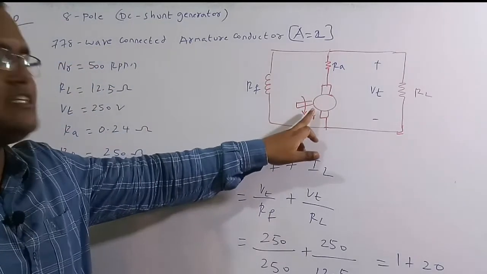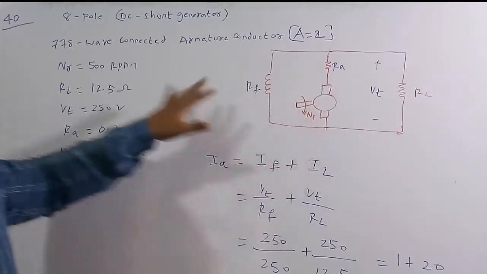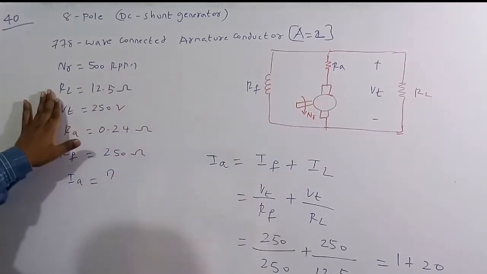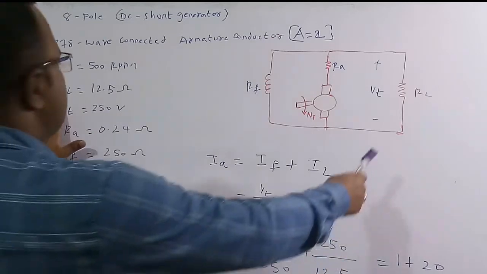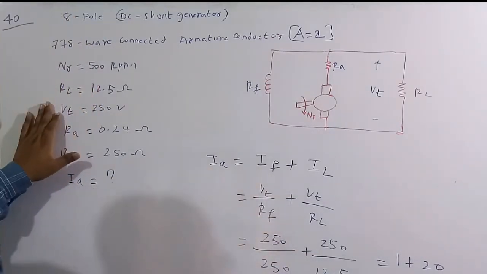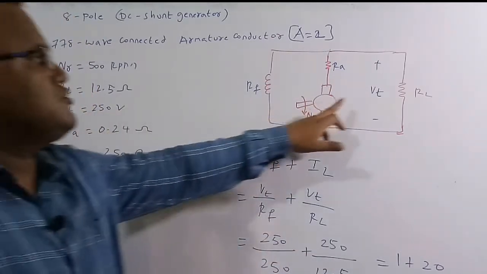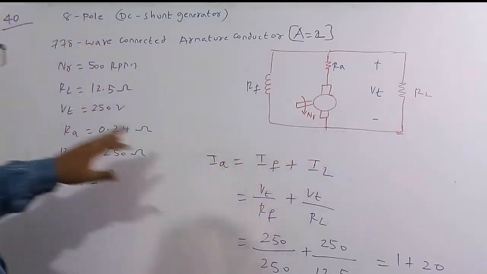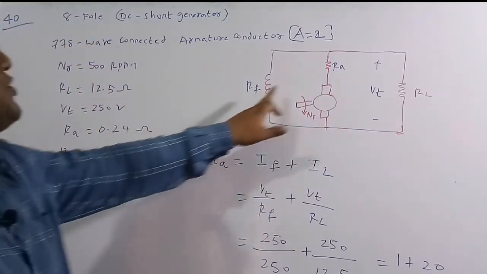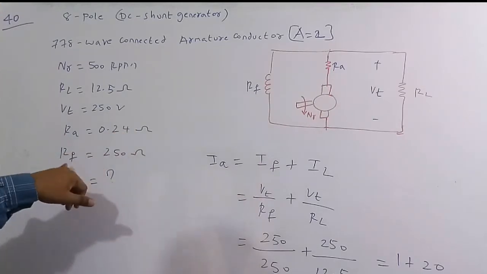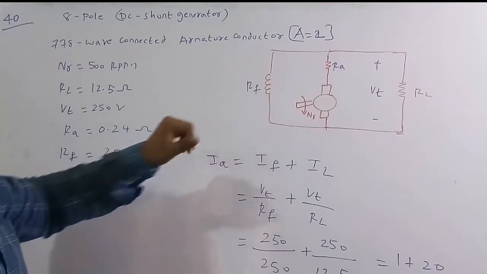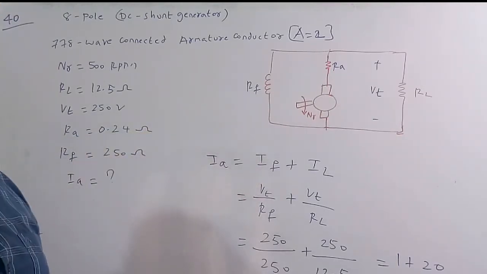The load resistance is 12.5 ohm and the terminal voltage is 250 volt. The armature resistance is 0.24 ohm and the field resistance is 250 ohm.